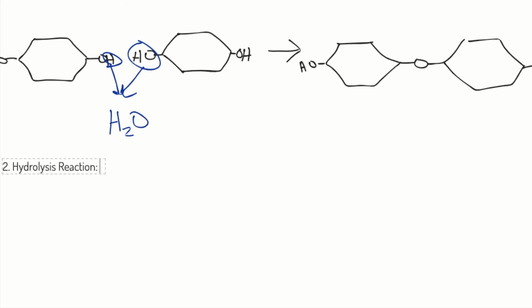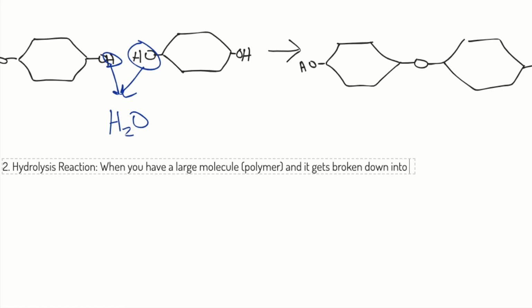And a hydrolysis reaction is when you have a large molecule and you break it down into the smaller pieces. So when you have a large molecule, or otherwise known as a polymer, and it gets broken down into small pieces.